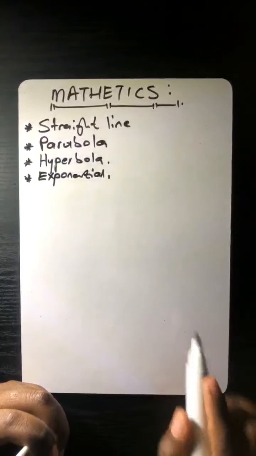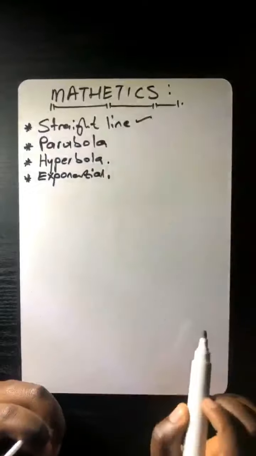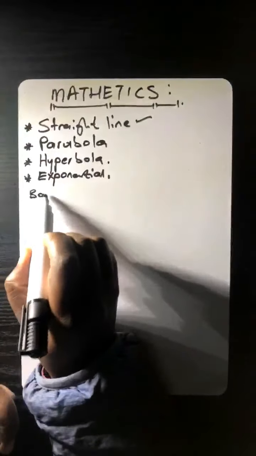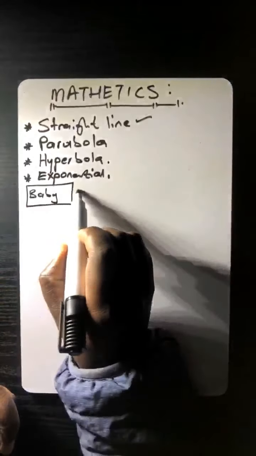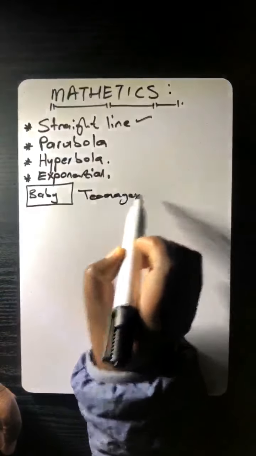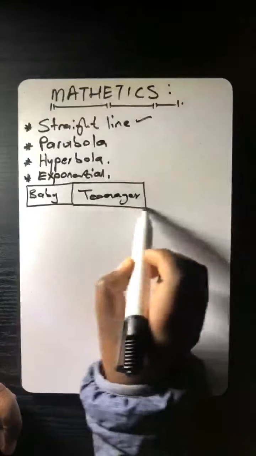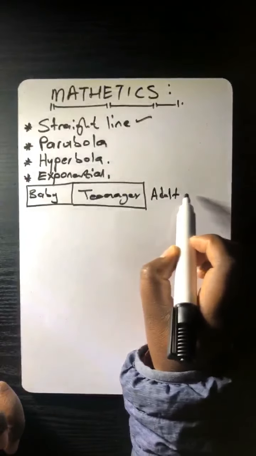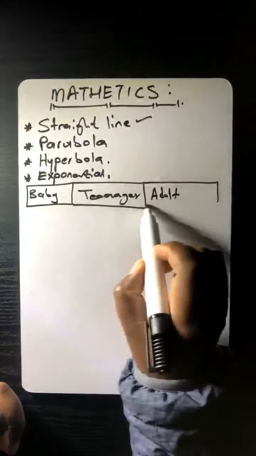So remember, guys, the general formula for a straight line. We started at a baby stage, and then after the baby stage we've got a teenager stage, and after the teenager stage we've got an adult stage.